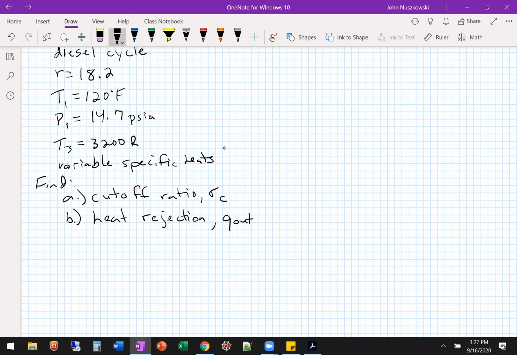That's the best I can do. All right, and then C is the thermal efficiency. Okay.